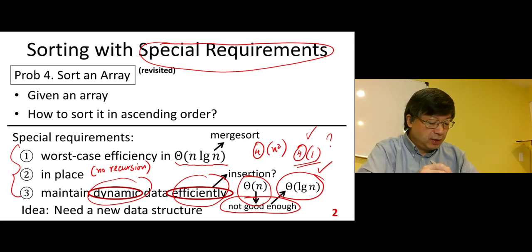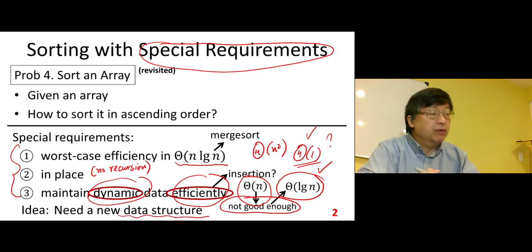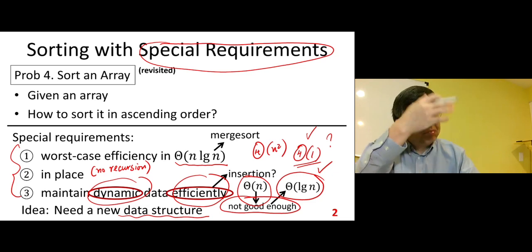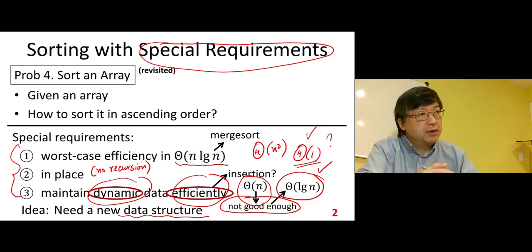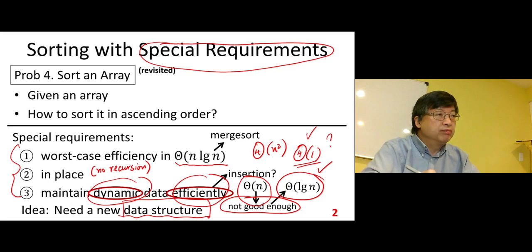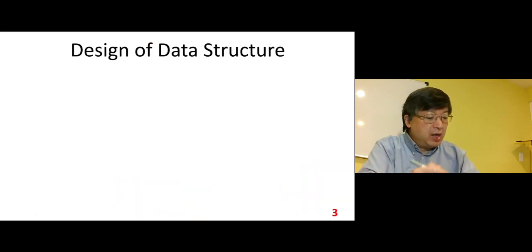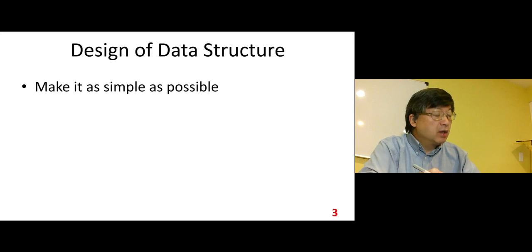So the data structure plays an important role. If you want an advanced algorithm, it is very likely you need a special data structure to support it. Design of data structure.